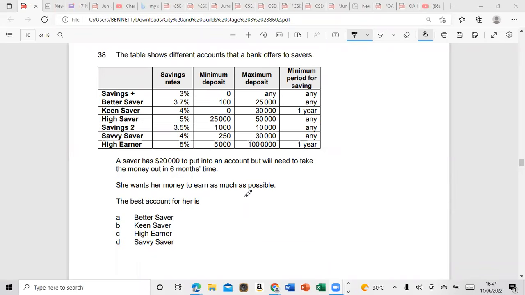Alright, the table shows the different accounts a bank offers for savings. A saver has 20,000 to put in the bank account but will need to take the money out in 6 months' time. She wants her money to earn as much as possible. The best account for her is, alright, let's just look at the better saver to see if you read it correctly. So better saver, you have to have a minimum deposit of $100.